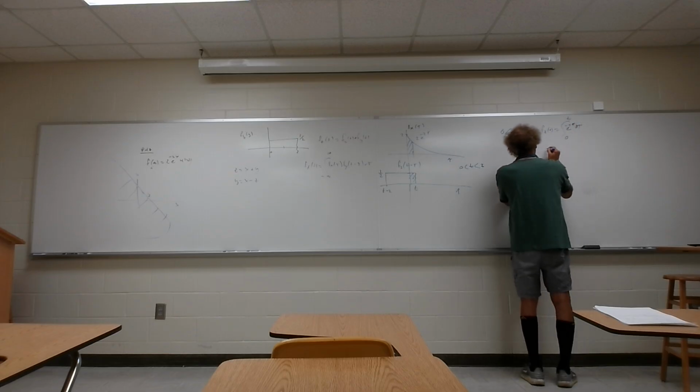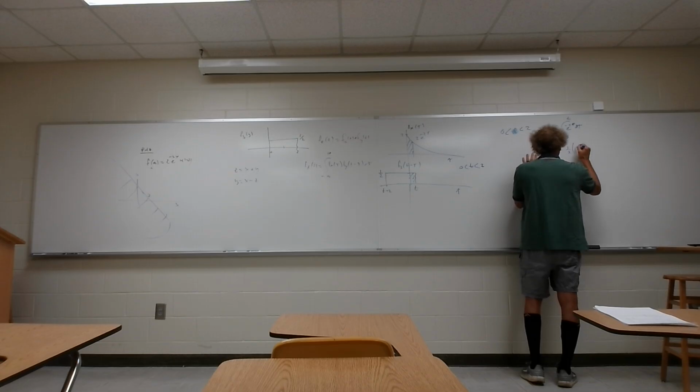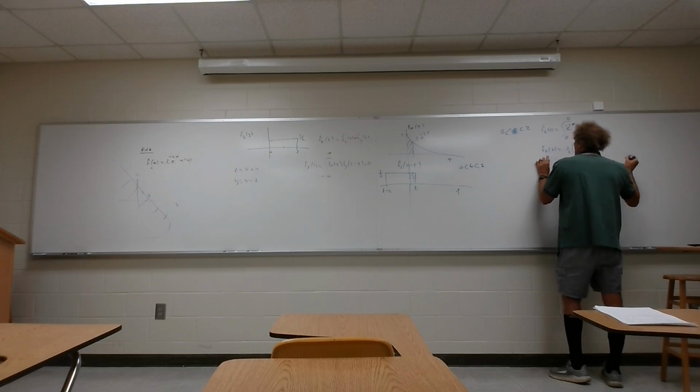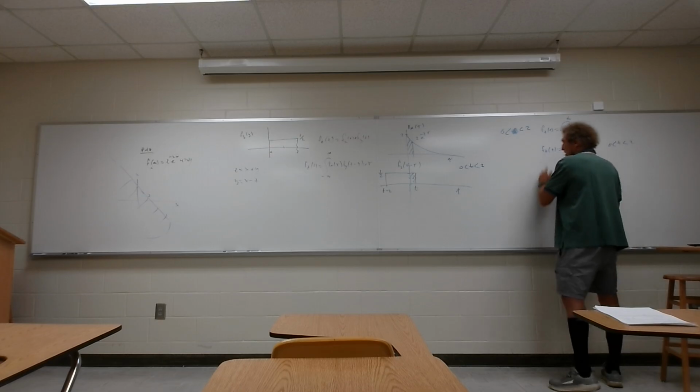And that means my fz of t here is just going to be equal to 1/2 times 1 minus e to the minus 2t. I'll leave it like that. That would be for t greater than 0, less than 2.